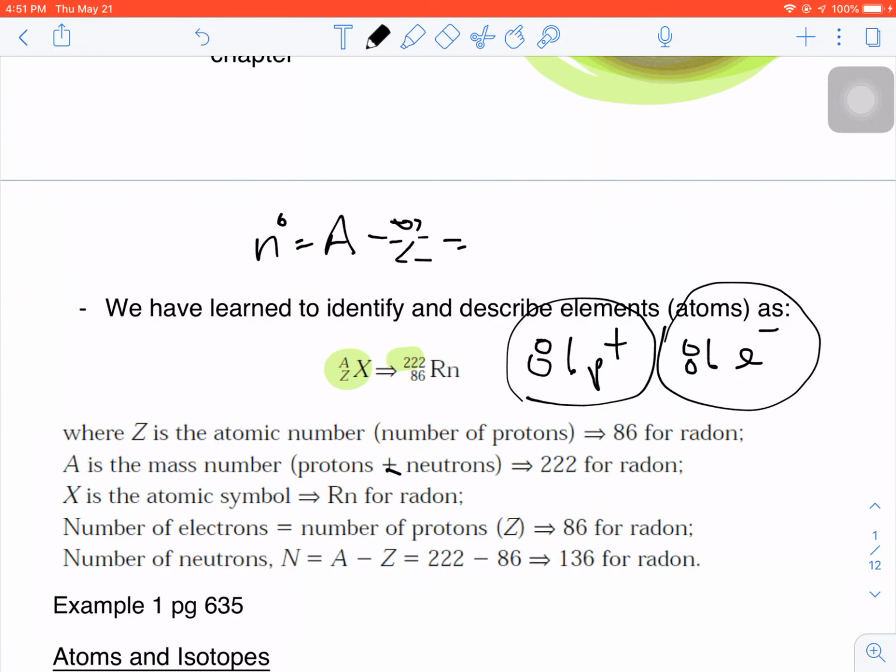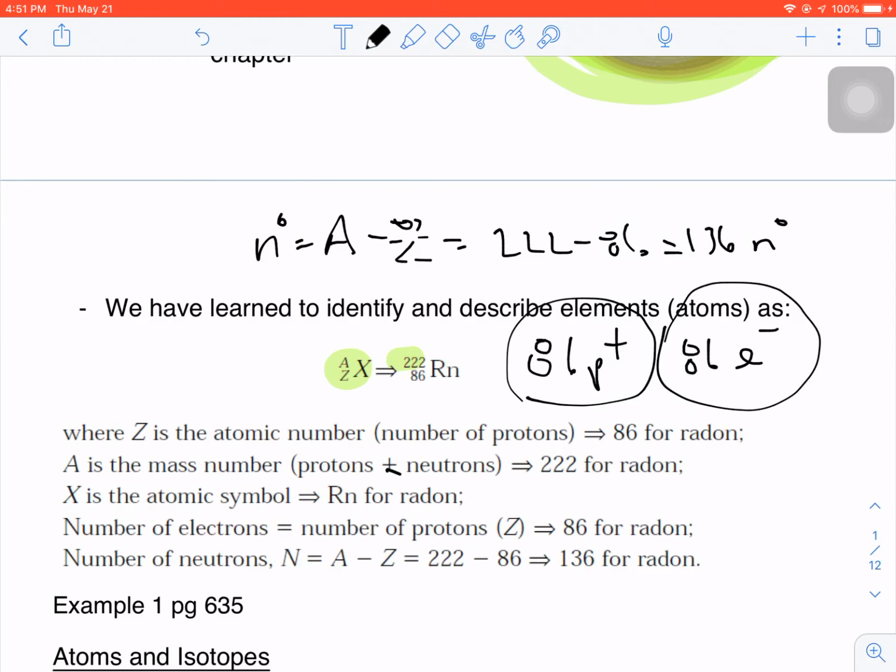So ultimately, I have 222 minus 86, and that equals 136. So I can calculate the number of neutrons in the atom because I know that the protons plus neutrons combined give me the mass of the atom. And a tiny bit more for the electrons, but we typically ignore the electrons.